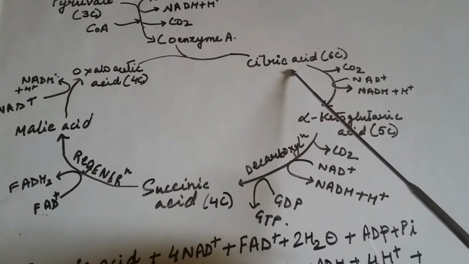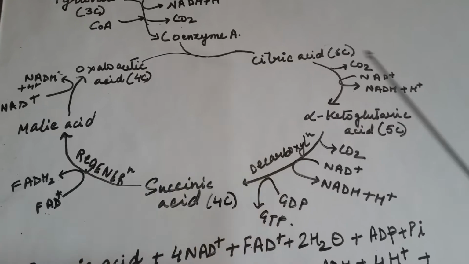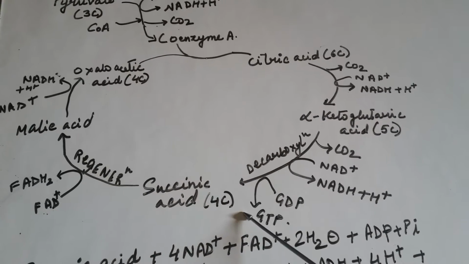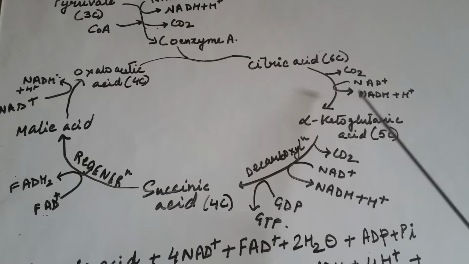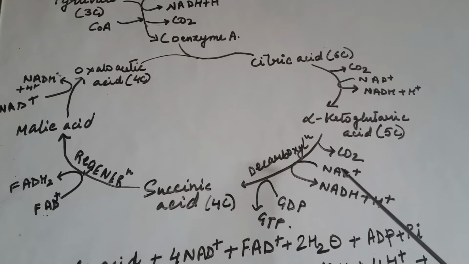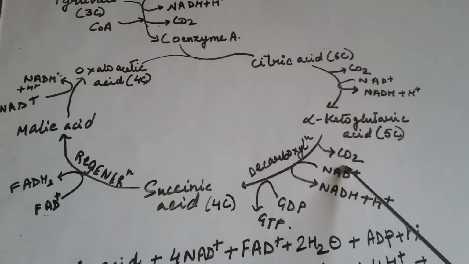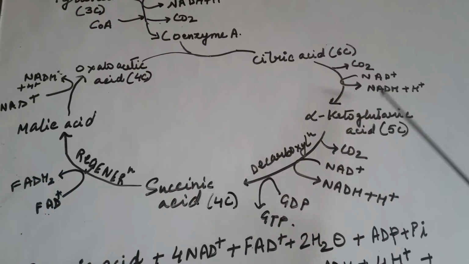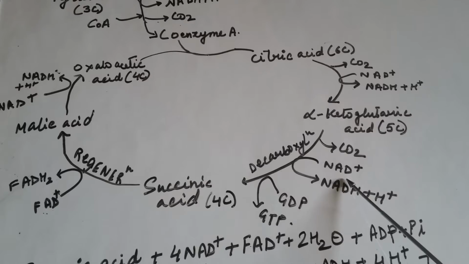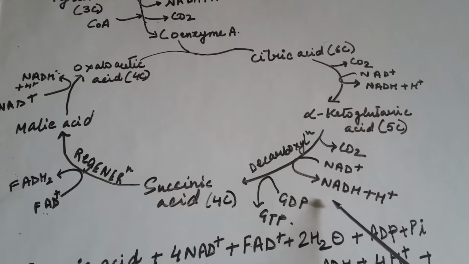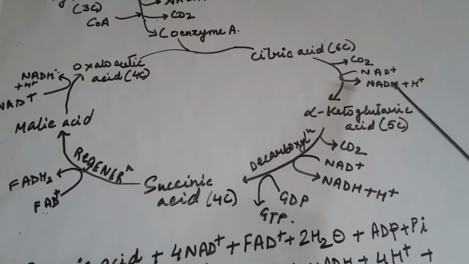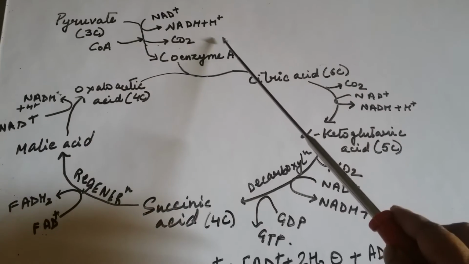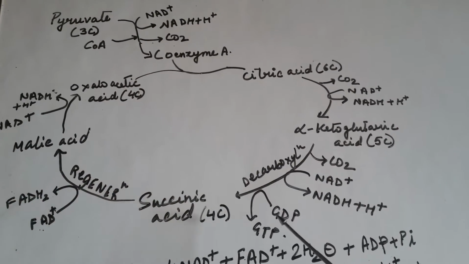In the formation from citric acid to succinic acid, there are 2 successive carboxylations, and NAD+ is reduced to NADH at each step, leading to the formation of 3 NADH.